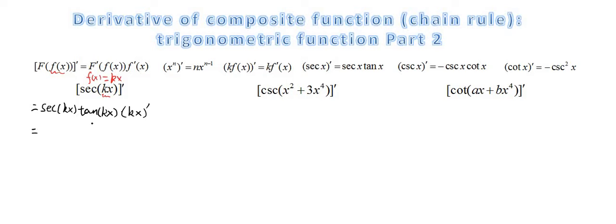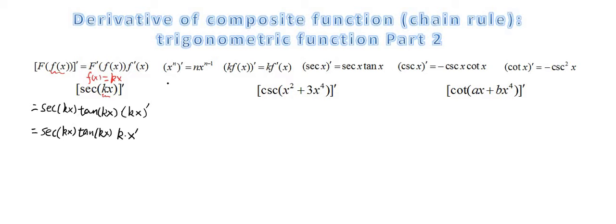Now for the last term, we can see that it is the constant multiple rule. We keep the constant the same and only do the derivative for the x.